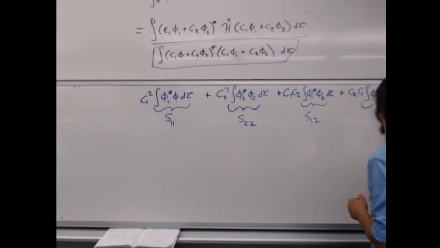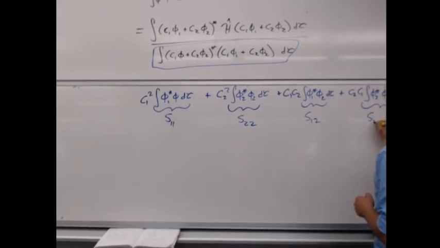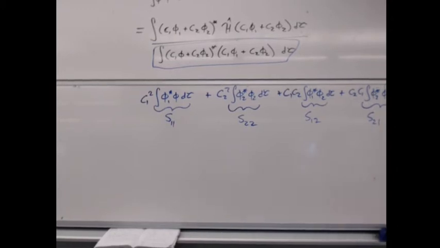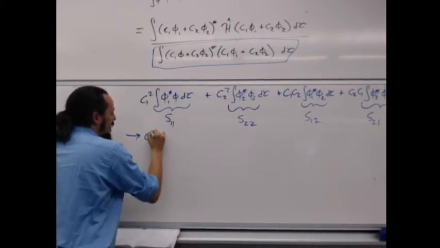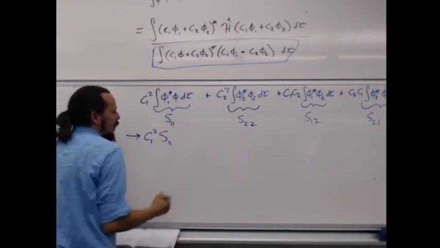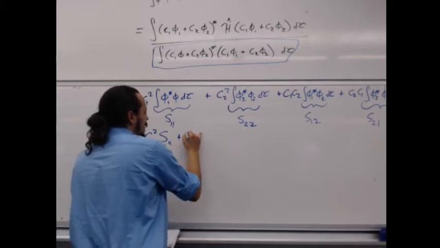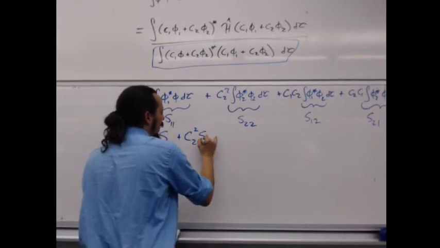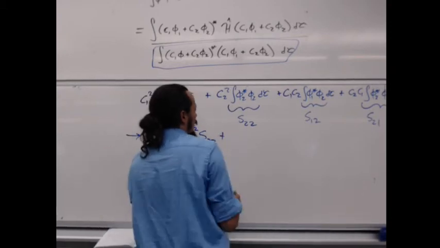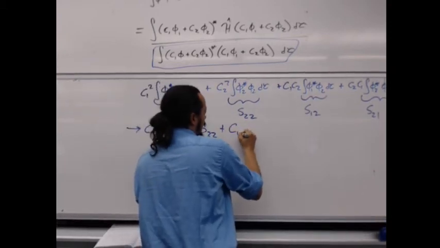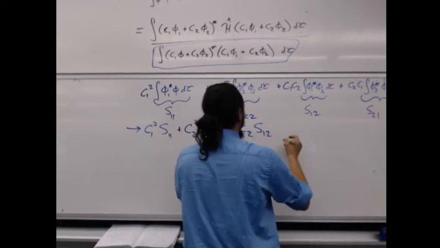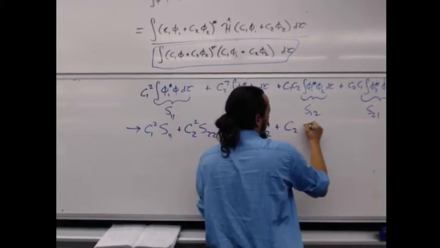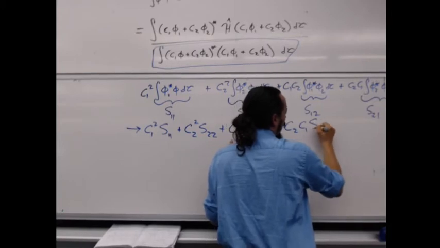S12, S21. So our bottom in this rewritten way is going to be C1 squared S11 plus C2 squared S22 plus C1 C2 S12 plus C2 C1 S21.